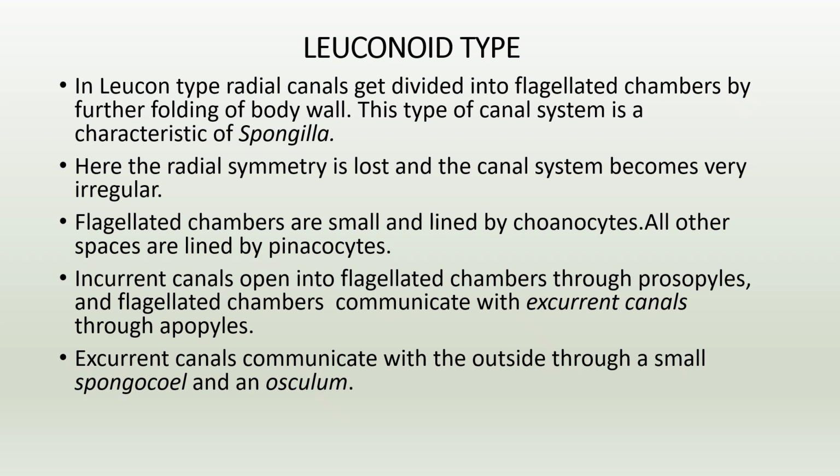The incurrent canals open into the flagellated chambers through the prosopiles, and the flagellated chambers communicate with the excurrent canals through the apopiles. These excurrent canals communicate with the outside through a small spongocoel and an osculum. You can see the picture in the next slide.